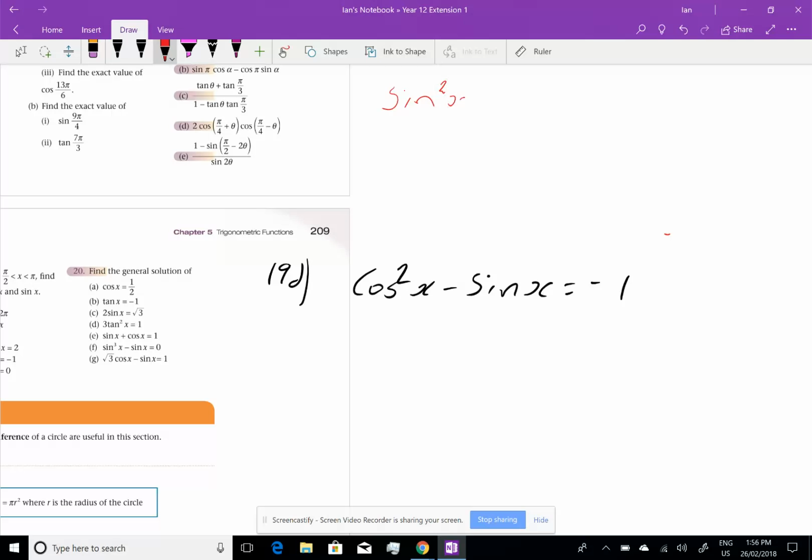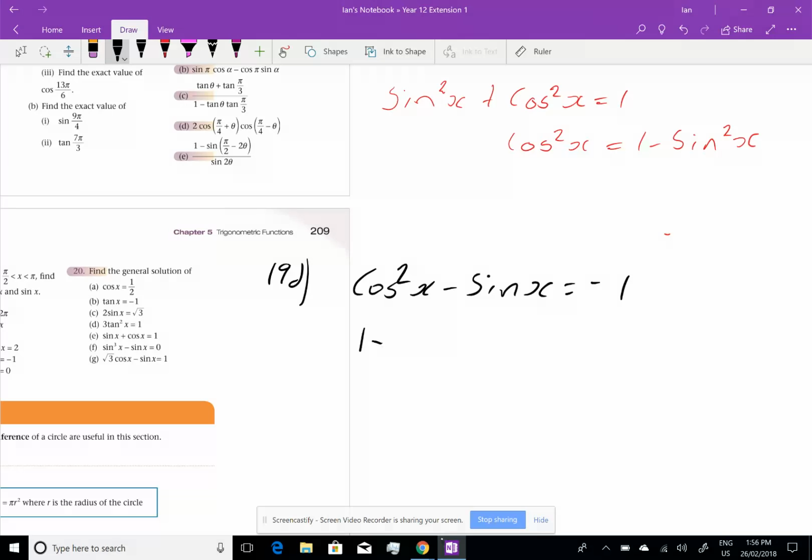So sine squared x plus cos squared x equals 1. We've got the cos squared x, so I'm going to take that sine squared x over the other side. I get cos squared x equals 1 minus sine squared x, and that allows us to substitute 1 minus sine squared x into cos squared x.